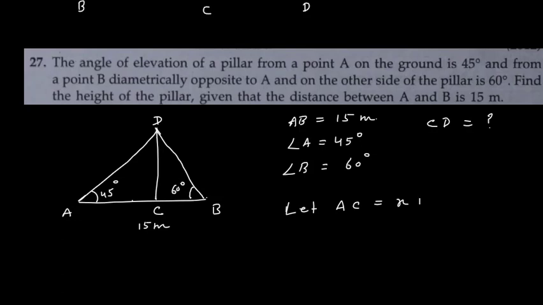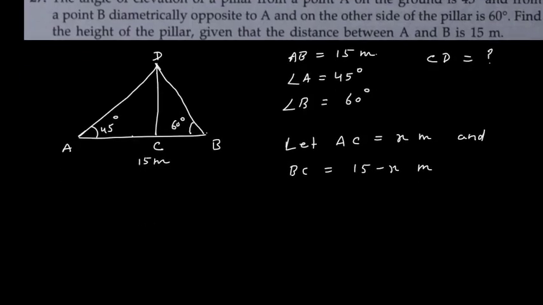that AC is equal to x meters, and BC will become 15 minus x meters, because the total of these two is 15 meters. So if I consider AC as x meters, then BC will become 15 minus x meters. Now let us first apply tan 45 degrees.